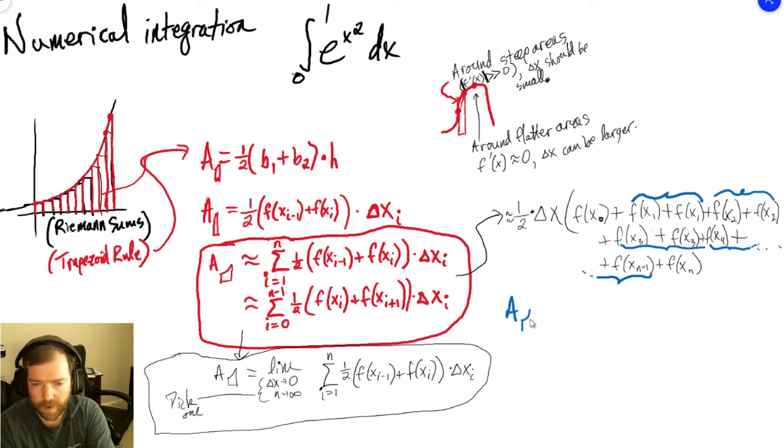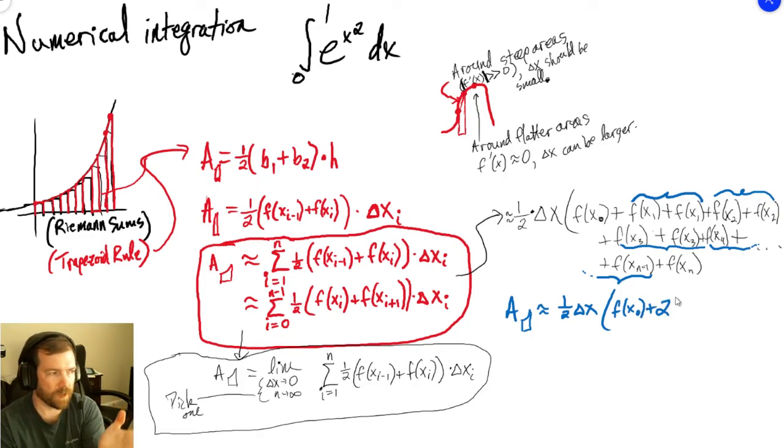Again, the area of this curvy thing can be approximated by 1/2 delta x times f of x sub 0 plus 2, and then you could put this in parentheses if you feel like it, or just do it like I'm going to do it here.